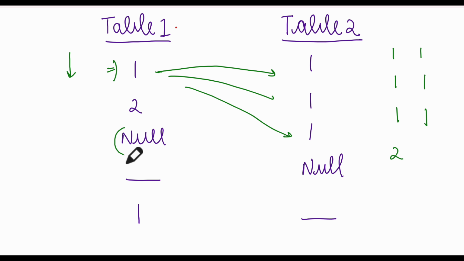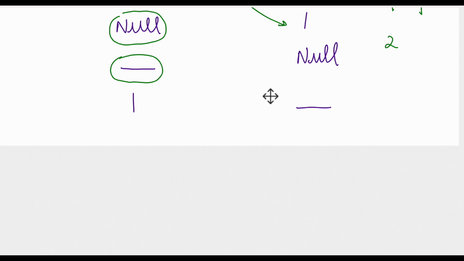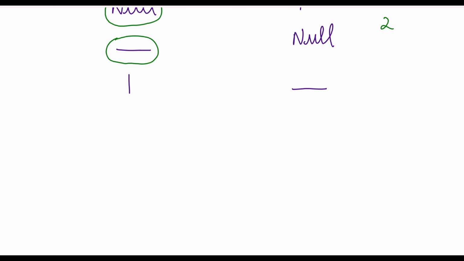Now how does null behave, or how will this missing value link itself to any of the elements? For that we need to understand a little bit what null exactly is and what it means. So let us understand the definition of null. Null means anything.